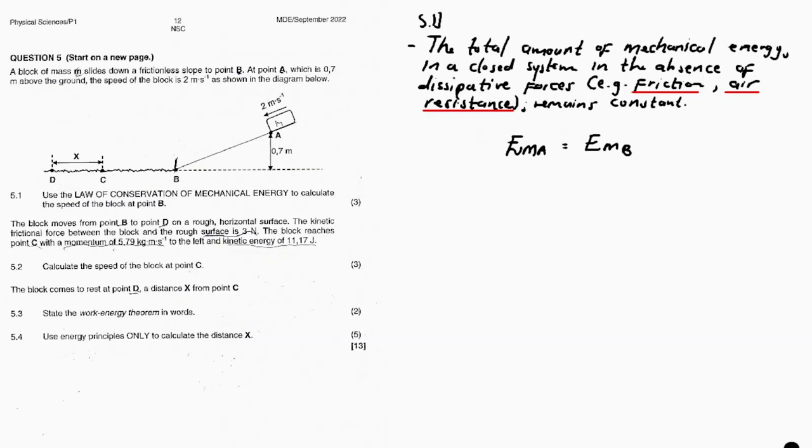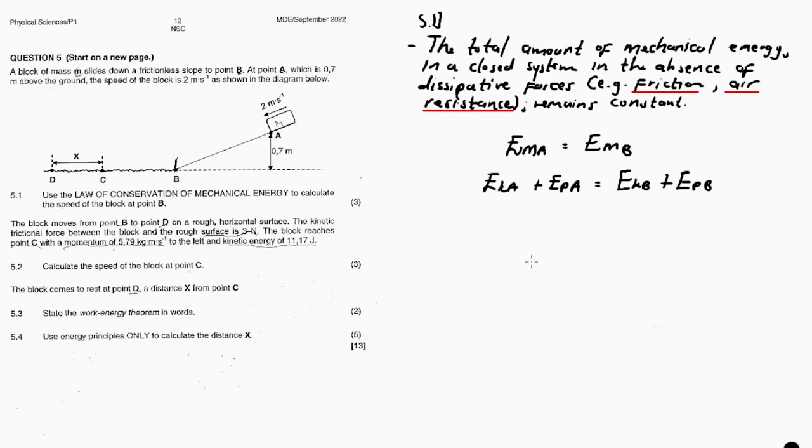Now again, we are calculating the speed of the block at point B, so we use the law of conservation of mechanical energy. Mechanical energy is the sum of kinetic energy and potential energy at any given point. So for A, kinetic energy at A plus potential energy at A is equal to the mechanical energy at B, which is kinetic plus potential.